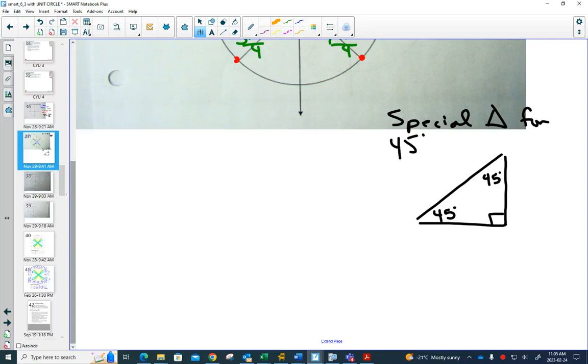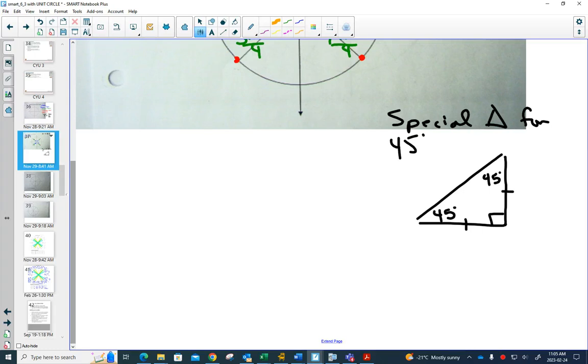Remember the name of it? Starts with an I. It is an isosceles triangle. And isosceles triangles not only have two angles that are the same, they also have two sides that are the same. So I know that those two sides have to be equal.